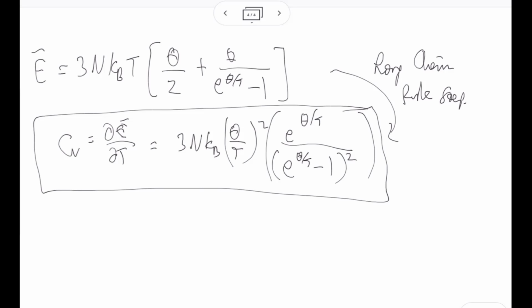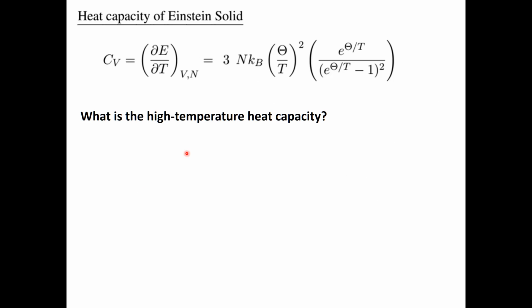Let's see what happens when we go to high and low temperature with this model. Okay, we're back on the slides. So here's the heat capacity of the Einstein solid. What is the high temperature heat capacity? Let's put temperature goes to infinity.